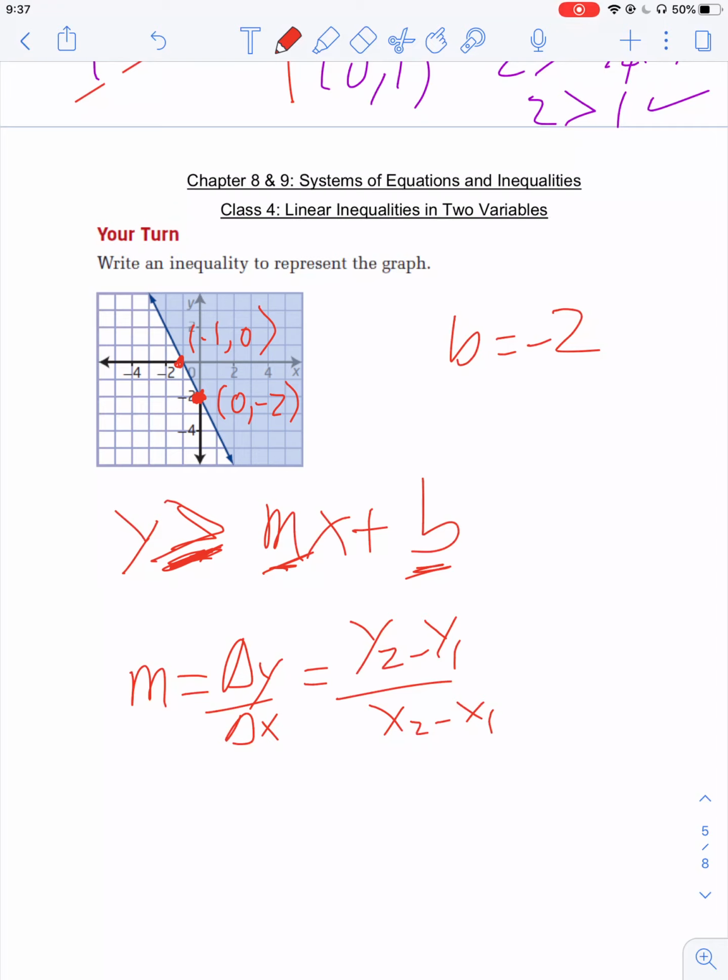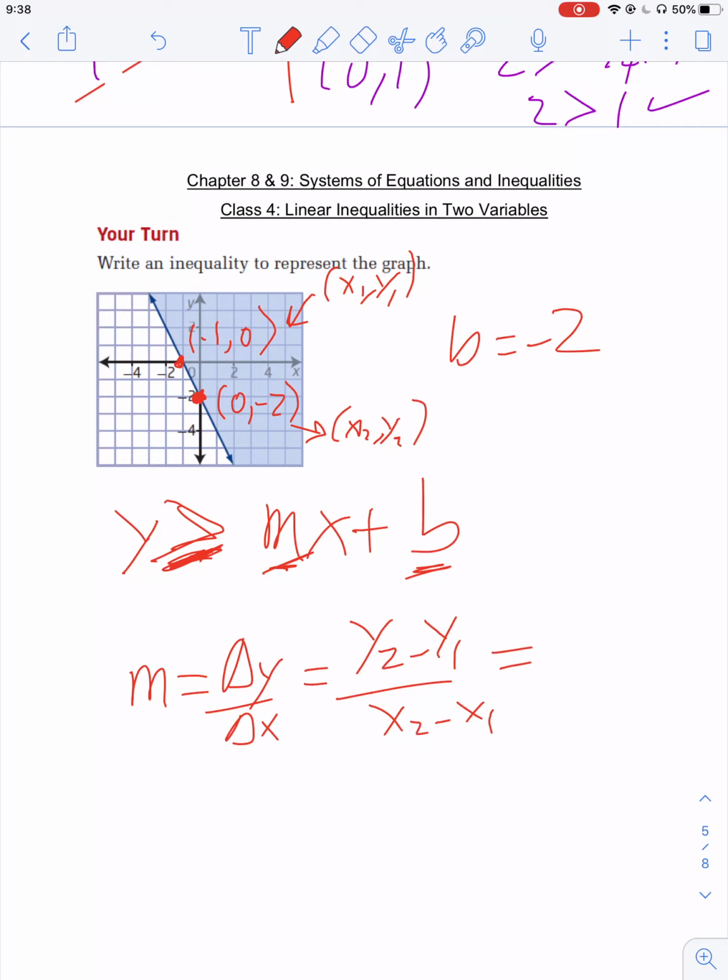I'm going to use this point to be x2, y2, which means this point will be my x1, y1. Again, you could have chosen this to be x2, y2. It's really a question of choice. Once you define them, just be consistent.